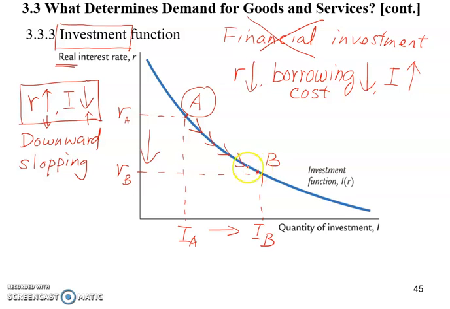Now from A to B, the interest rate is lower. They pay less to the banks to borrow, so these projects now become profitable. They want to go ahead and borrow to invest, so their investment will go up. So intuitively, we proved that the investment curve is downward sloping.